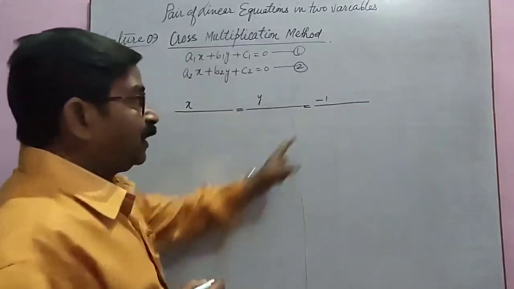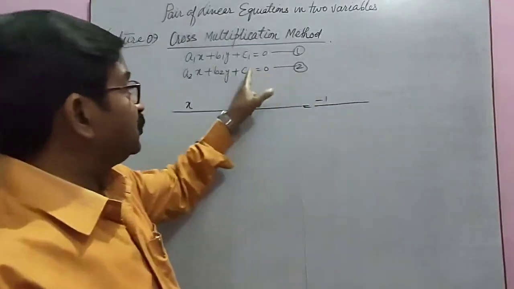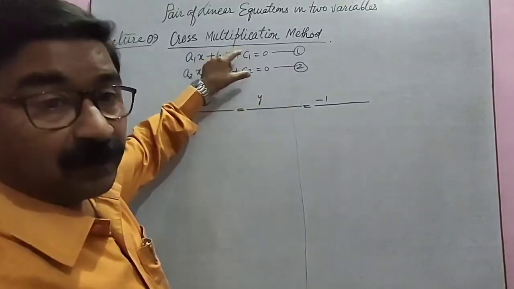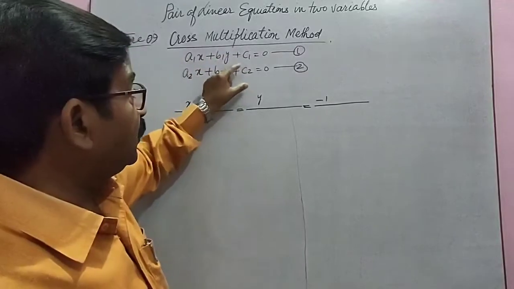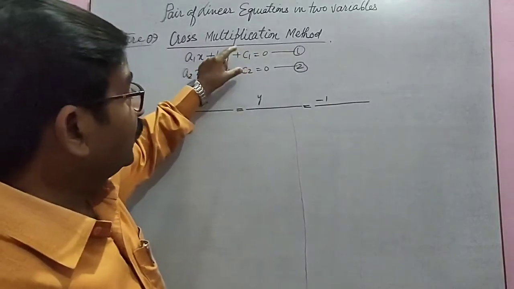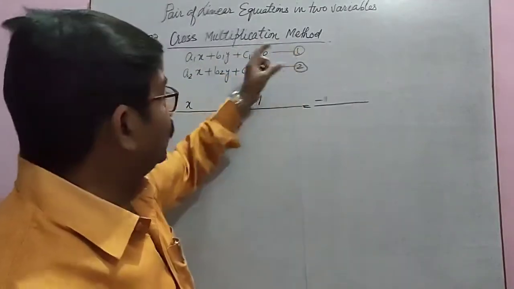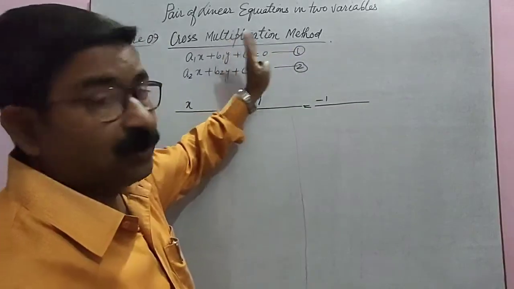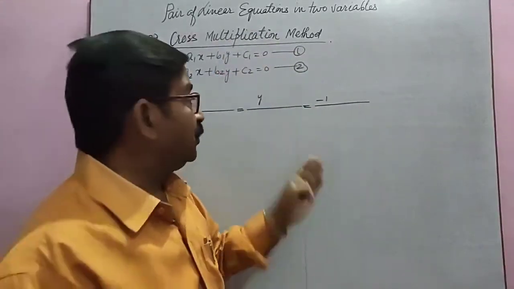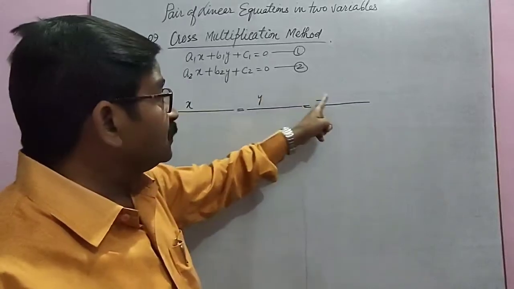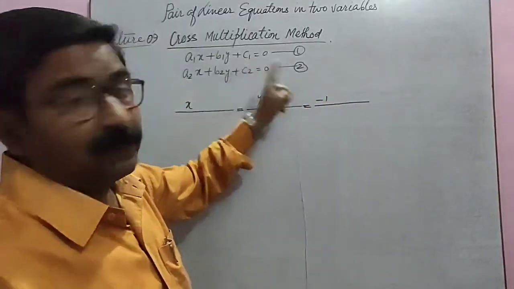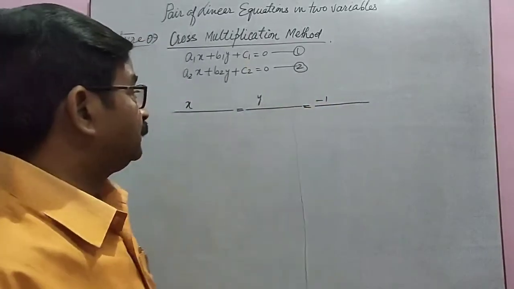Why is it minus 1? Because in this general equation the constant term is given on the left side, and generally when you solve the equation it is found on the right side. So when you send this constant to the right, its sign will change. Negative means plus becomes minus and minus becomes plus.